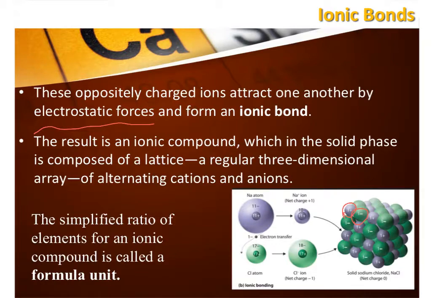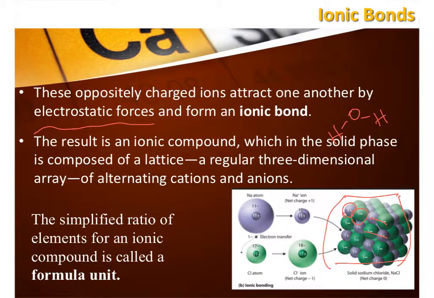You end up with a three-dimensional conglomerate of oppositely charged ions. It's not like a molecule such as water, where you can draw out individual molecules that exist somewhat separately from each other. It's just a big connected lattice for ionic compounds.